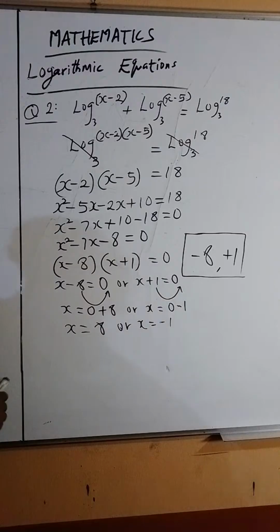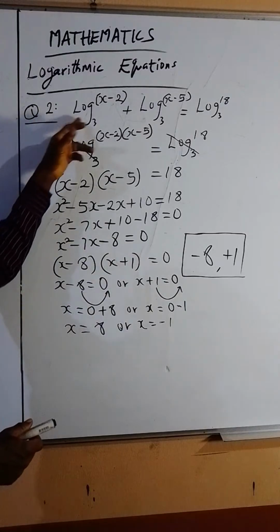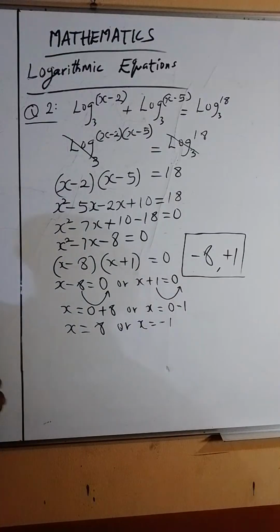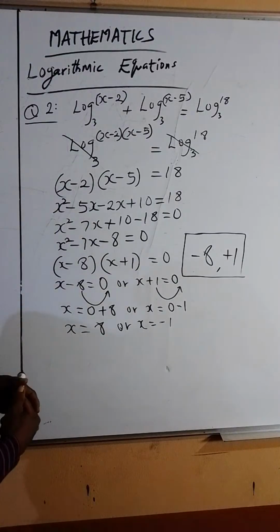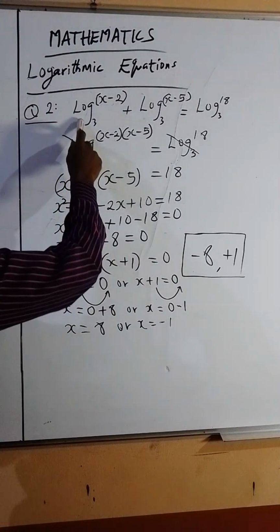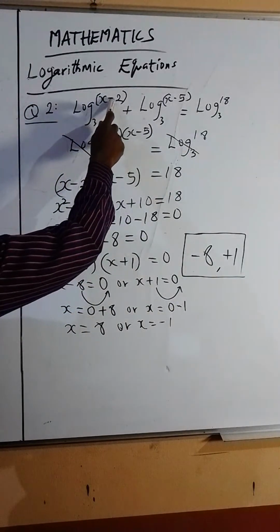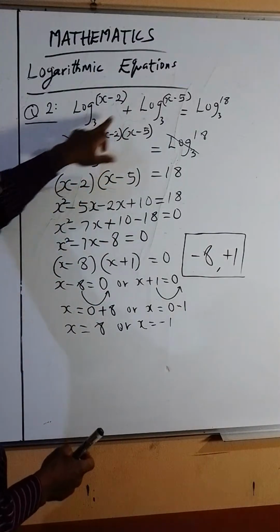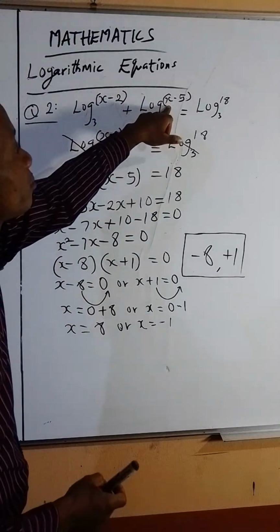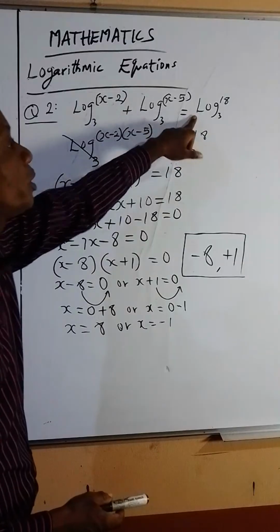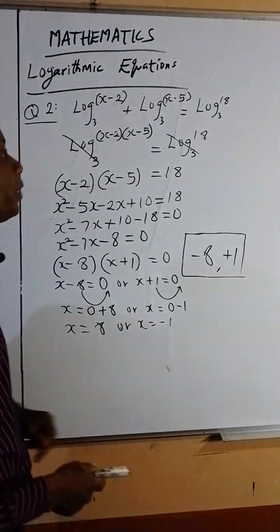Here, this is question number 2. So let's go over question number 2 again, so that at least we can have a better understanding of what we're doing here. The first question is that we are given logarithm of x minus 2 to the base of 3, plus logarithm of x minus 5 to the base of 3, equals logarithm of 18 to the base of 3.